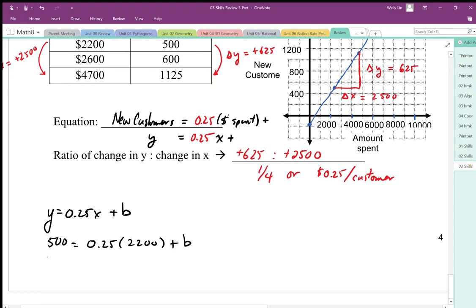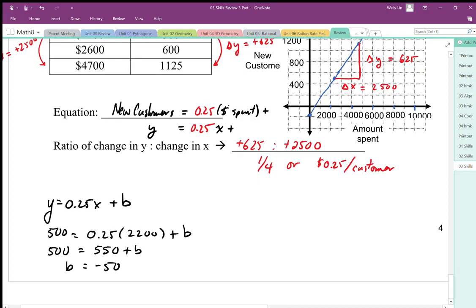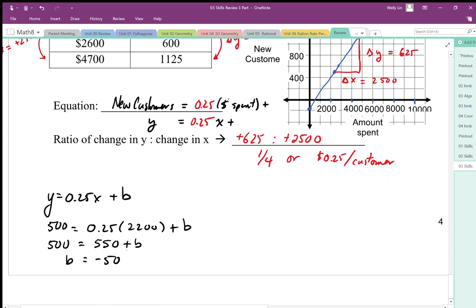So when I work this out, 0.25 times 2200 is going to be 550 plus b. When I solve for b, I get negative 50 new customers. Okay, so that's my b value, and that happens to be negative 50.